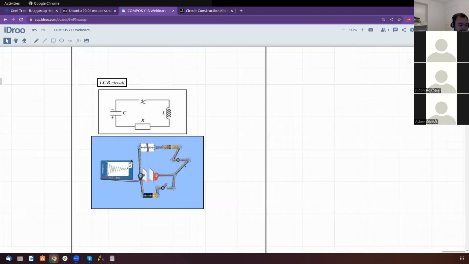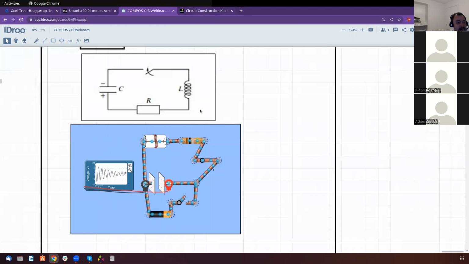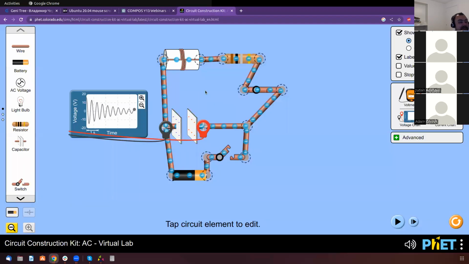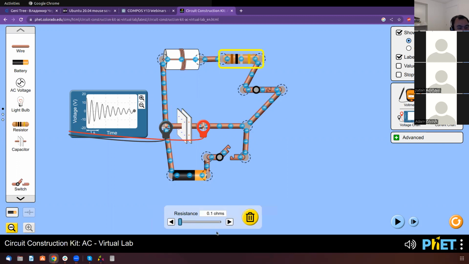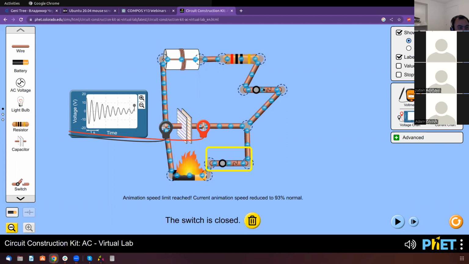And if you have a very small inductance and a very large capacitor, and you have a lot of damping, so let's say 20, let's charge this.